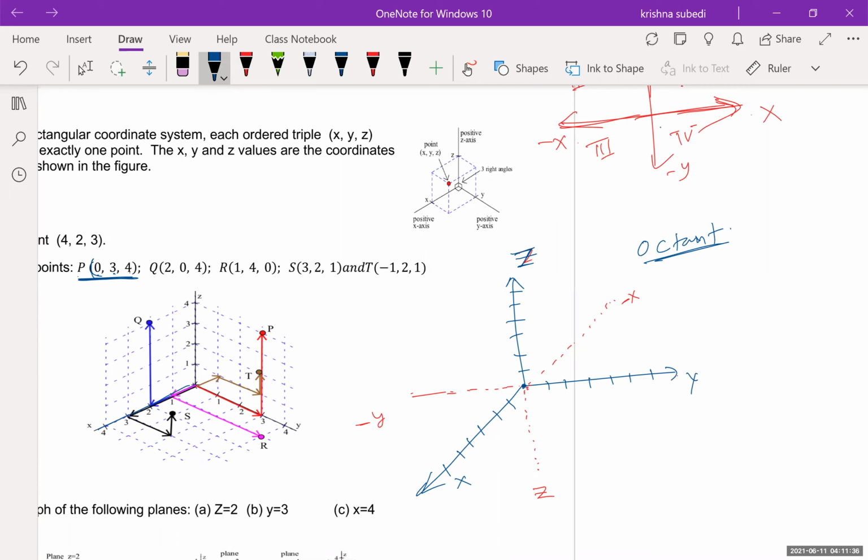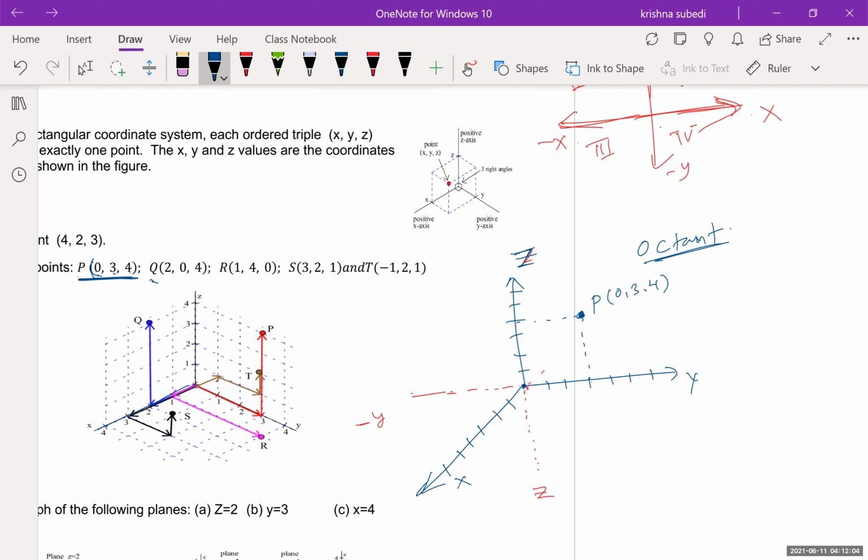Y is 3: 1, 2, 3, and Z is 4. So 1, 2, 3, 4. So that will be the point. So this is the point. X is 0, Y is 3, and Z is 4. So this is your point P, 0, 3, and 4.